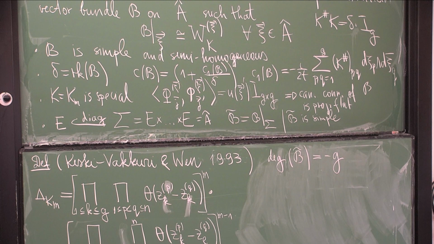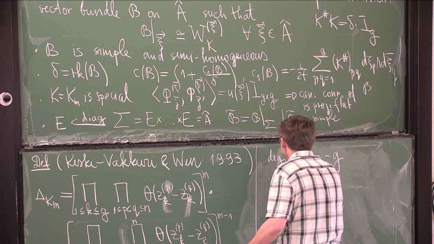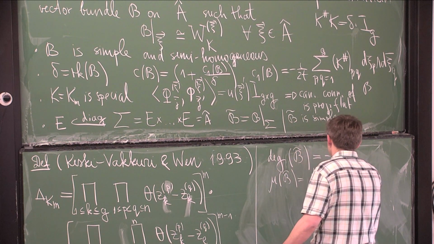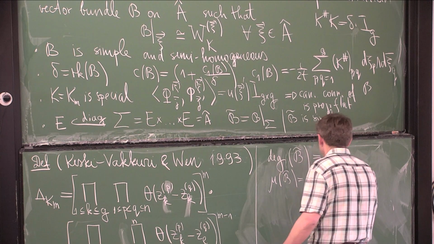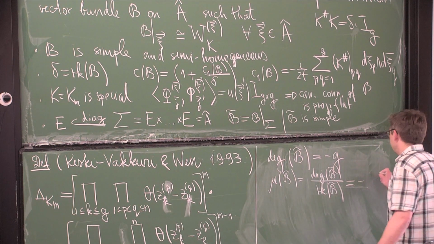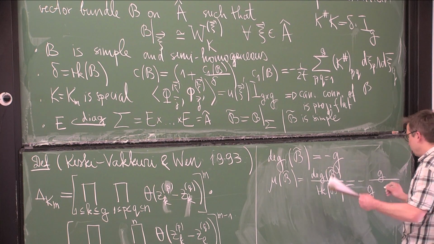And if you consider the slope of this vector bundle, which is the fraction, then it is minus g divided by g m plus 1.